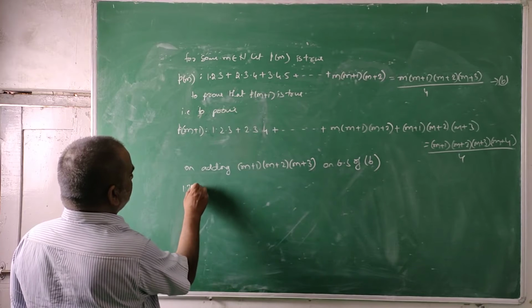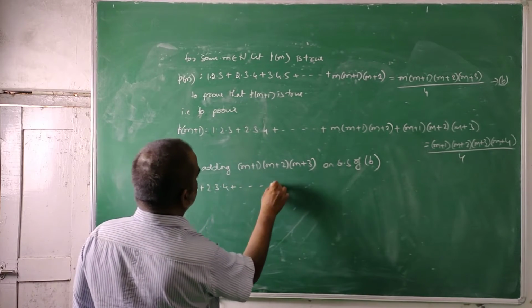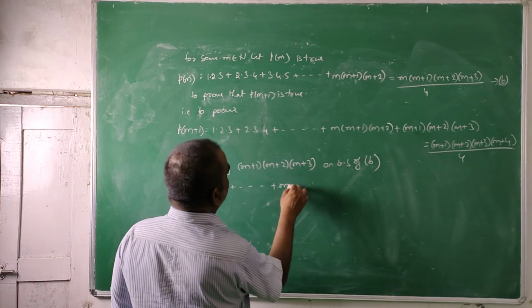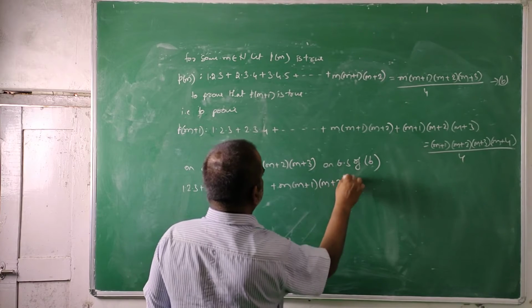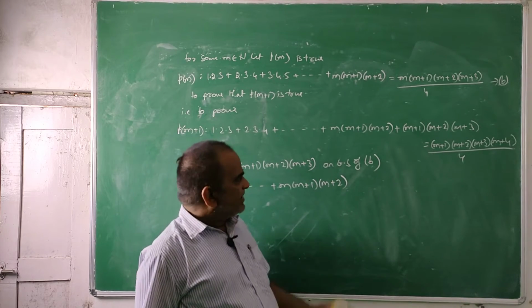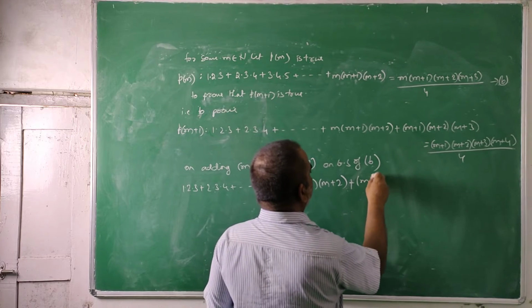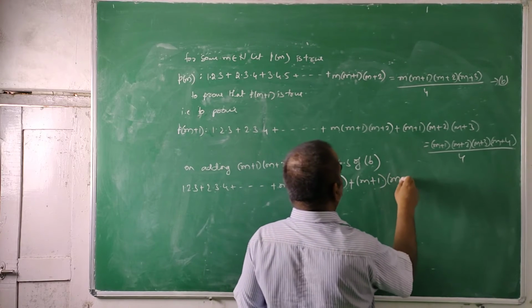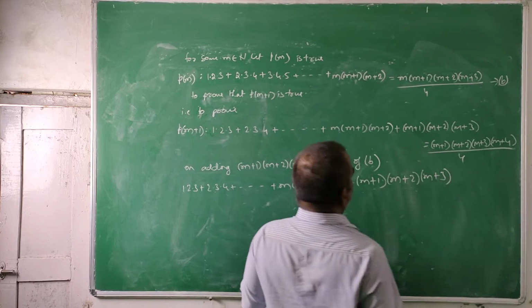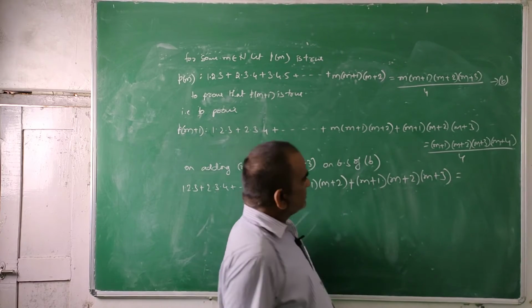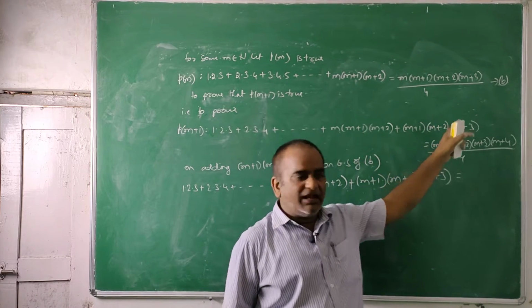1 into 2 into 3 plus 2 into 3 into 4 plus so on plus m into m plus 1 into m plus 2, we are adding now plus m plus 1 into m plus 2 into m plus 3 is equal to, as we have added this side, even we have to add that side.